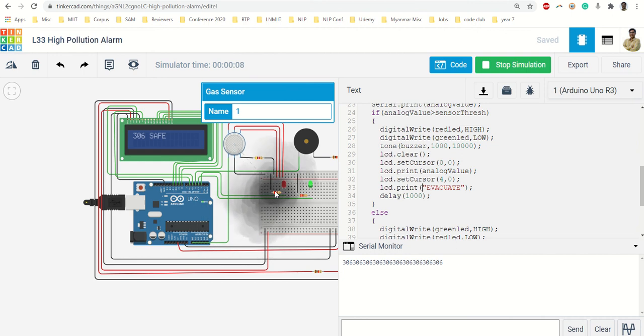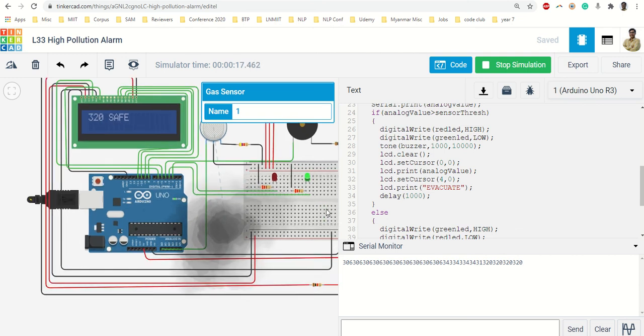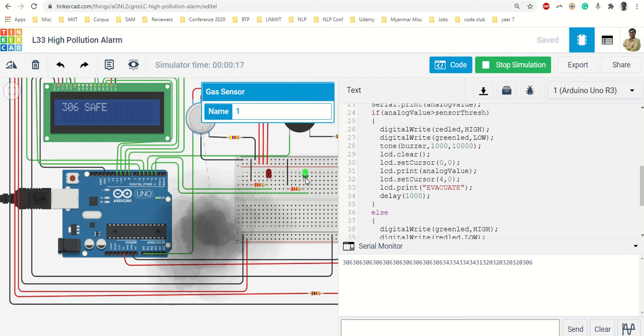As you move it, the current value will be displayed, and as soon as you cross the 400 mark, for 10 seconds the buzzer will be on and it was showing that this is the level, please evacuate. And you can see the LEDs also. Right now we are in the safe limit, so it is green, and if we come into the danger limits, then red is on and green is off.